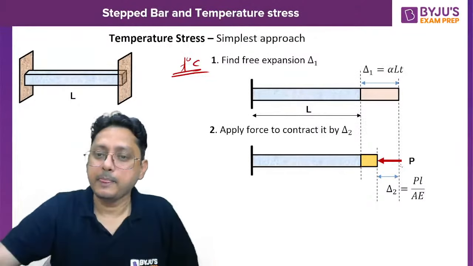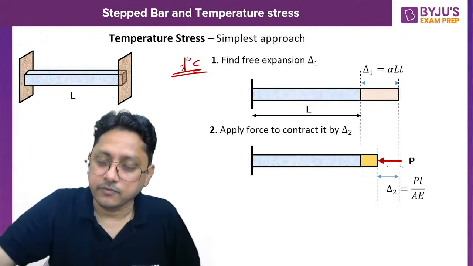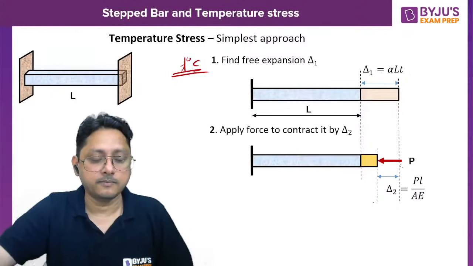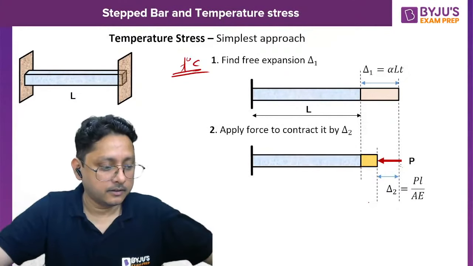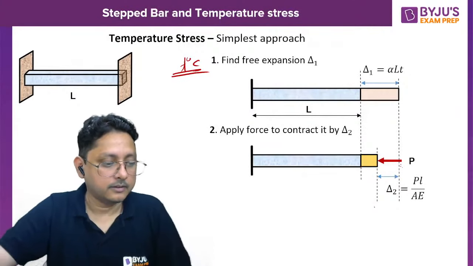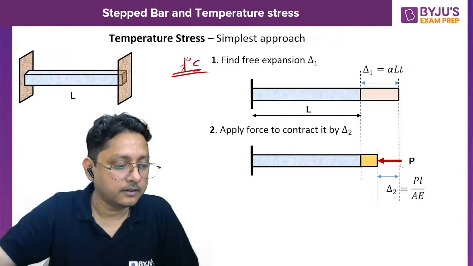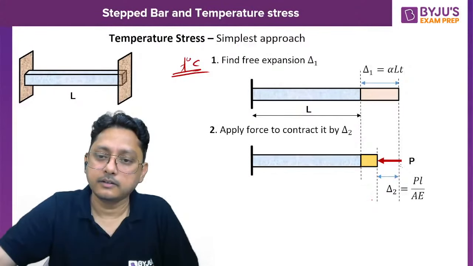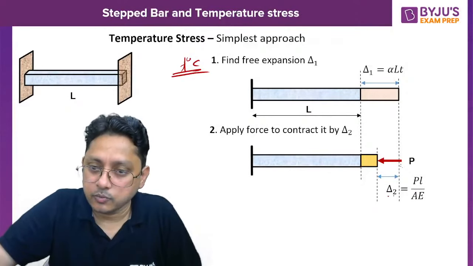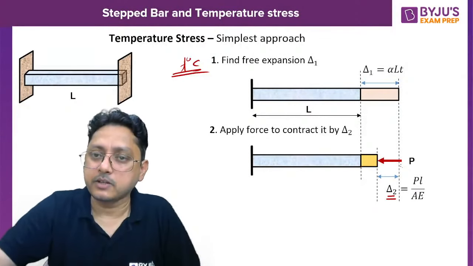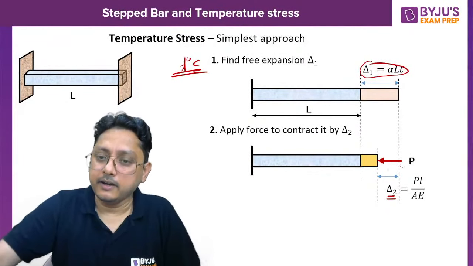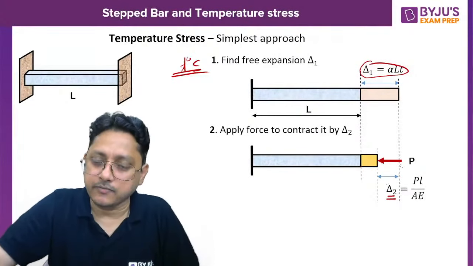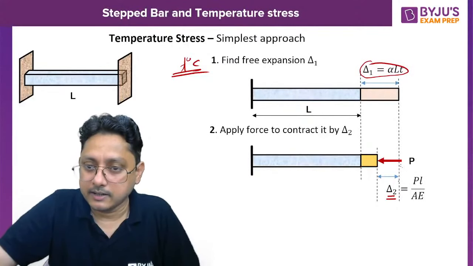Now suppose after application of the force, your bar is at this location. Say this is delta 2. So free expansion was your delta 1, and the contraction due to the application of the force on your axial bar was delta 2.